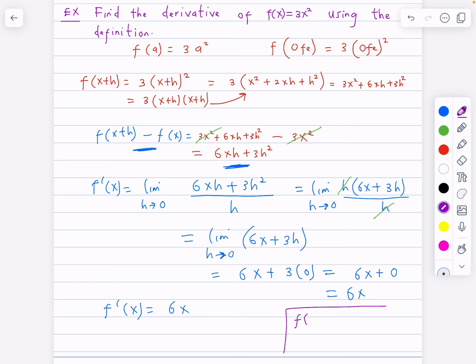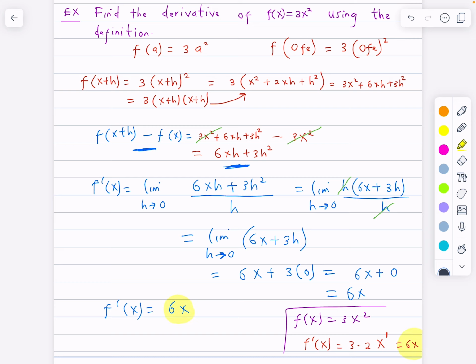If I have f of x equal to 3x squared, the power rule tells me that f prime of x is going to be, I bring down the power, which is 2, and subtract 1 from the power. So 2 minus 1 is just going to be 1. And if you simplify that, you get 6x. So these are the same.